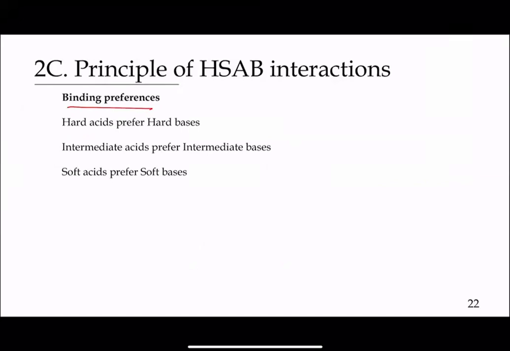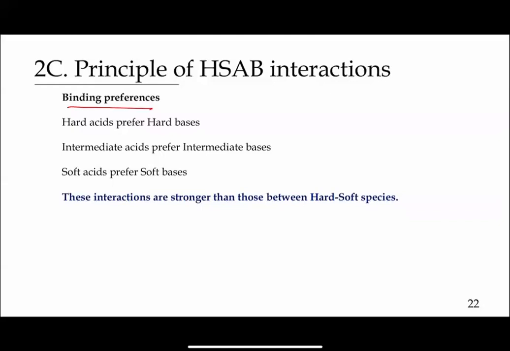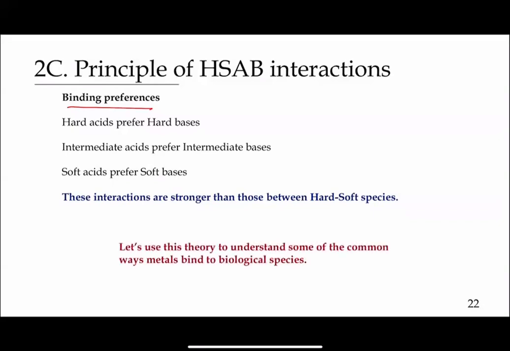Okay, so that's going to be fundamental to the type of affinity that you're going to see. It doesn't mean that you're not going to have interactions between something that's hard and soft. It's just that the likelihood is going to be lower, and in certain cases, it may not actually happen at all.